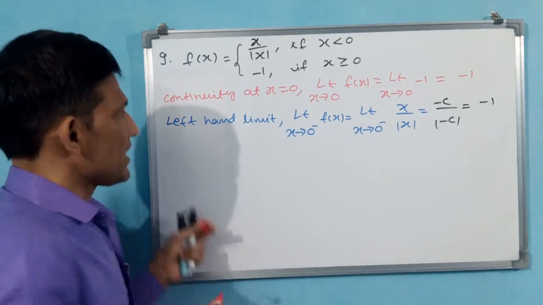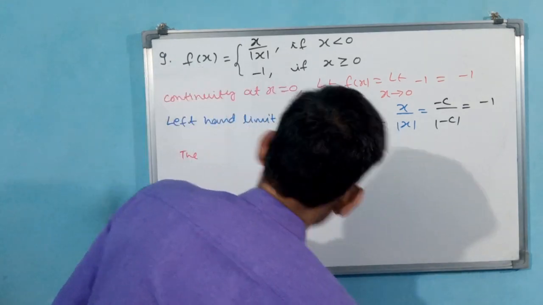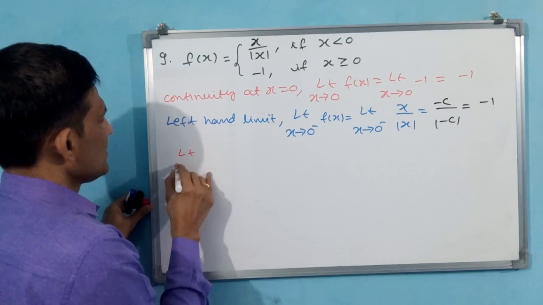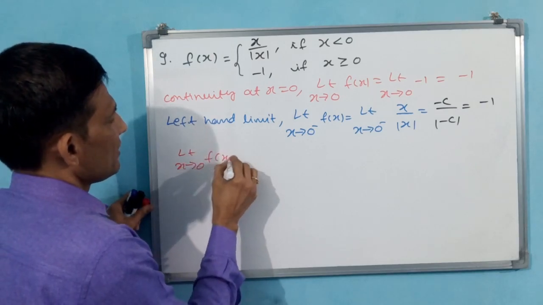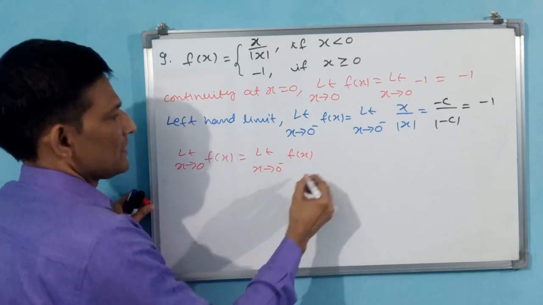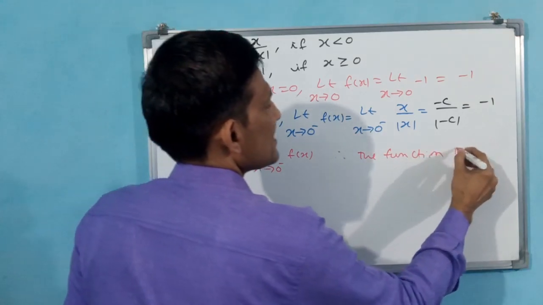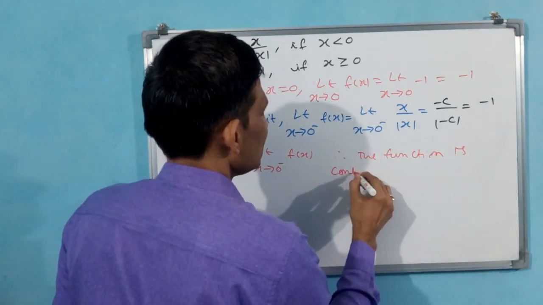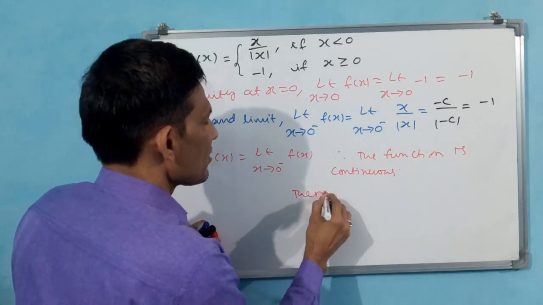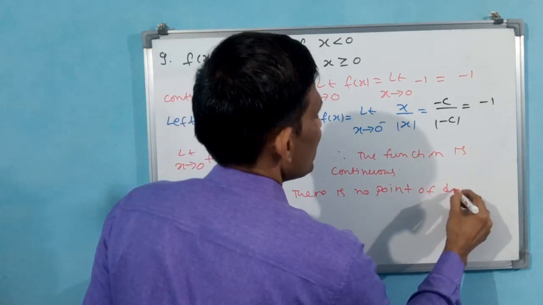Okay. Write down. How to write? No, first you write this one. Why? Because limit x tends to 0 plus f of x is equal to limit x tends to 0 minus f of x. Therefore, the function is continuous. There is no point of discontinuity.